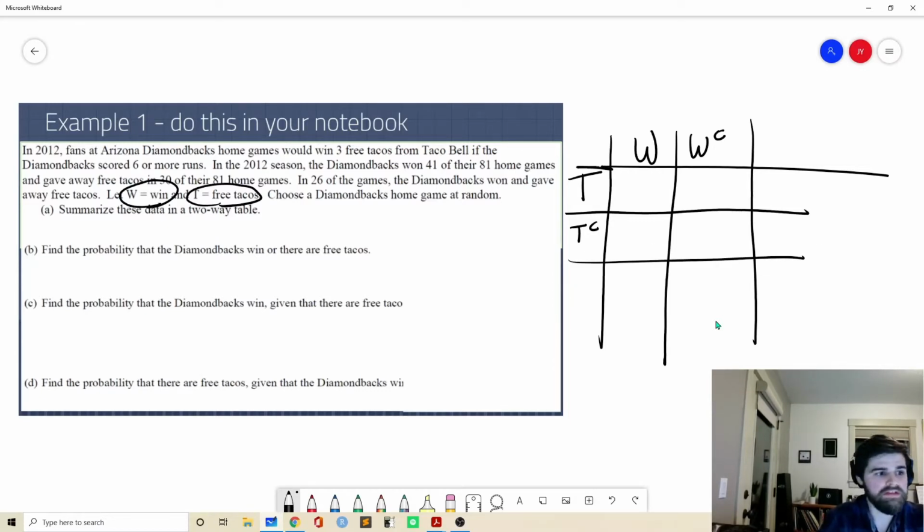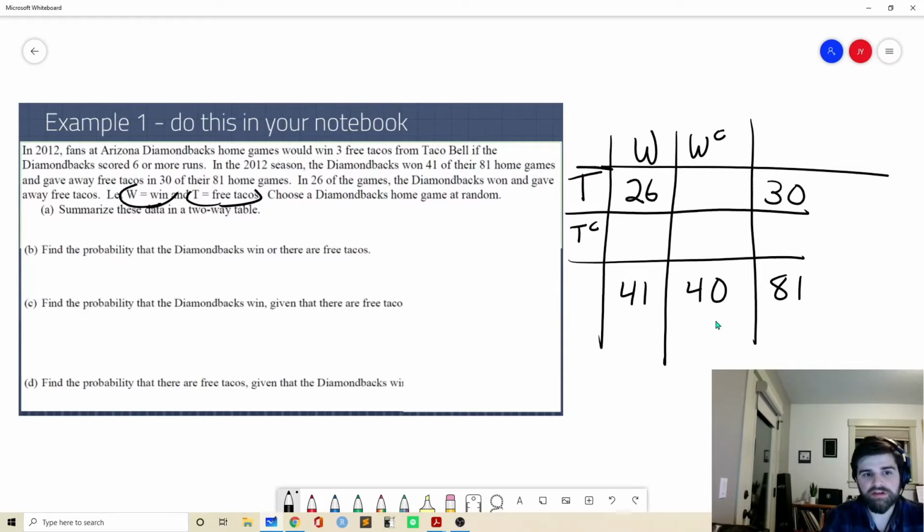So it said in 26 of the games, we both won the game and got tacos. And it said that they won 41 of their games. There were 81 home games. So if they won 41, that means they lost 40. And it says they got free tacos in 30 of those 81 games.